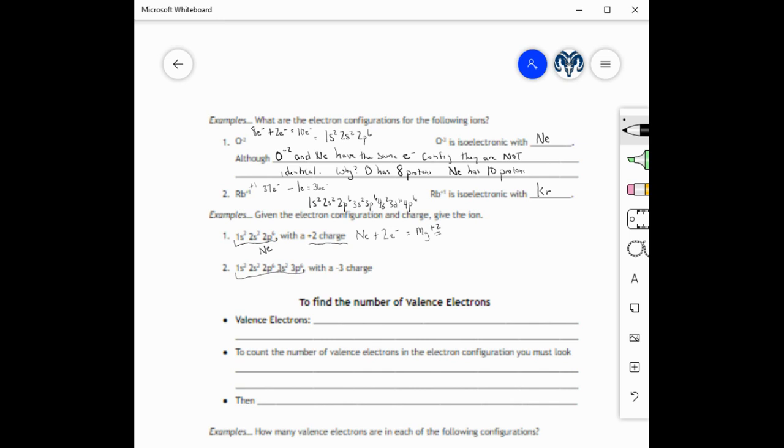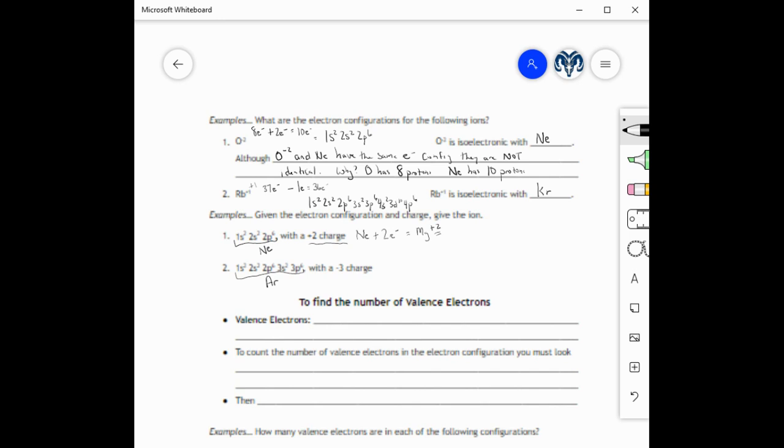All right, so the next one is phosphorus. If we look at this right here, this configuration is argon. But we've gained 3 electrons.